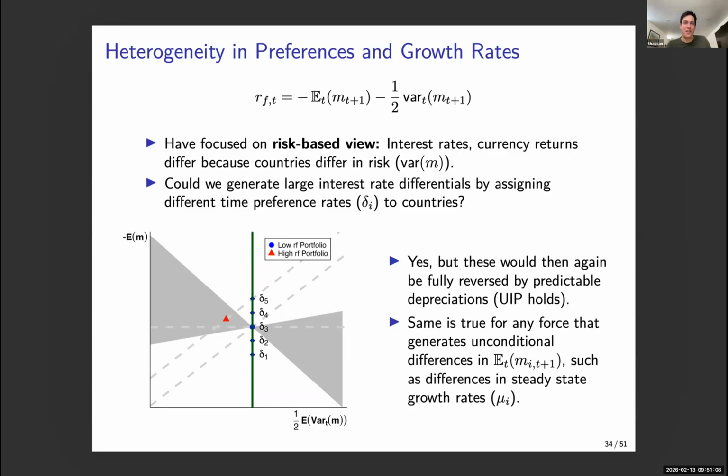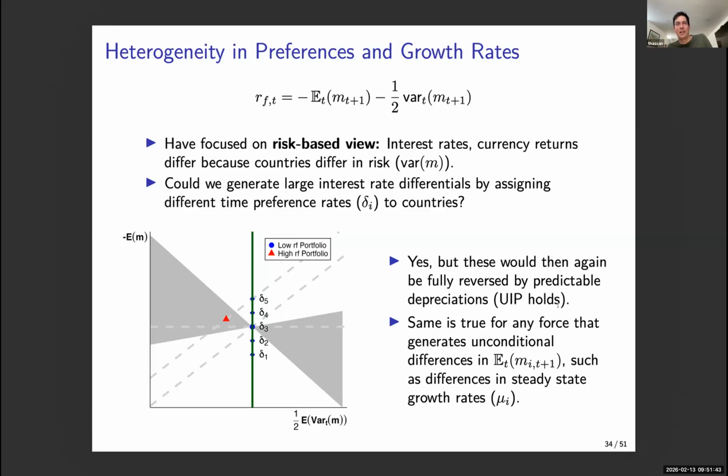So in some sense, the literature has been down this road of heterogeneous time preference rates, and we've decided that this is not a good theory because it doesn't result in differences in returns. Yes, you could give everyone a different delta, but then these differences in delta would be fully reversed by predictable depreciations. Now, maybe more appealingly, you can do the same thing by giving different steady state growth rates to different countries. We also teach our students not to do that. Why?